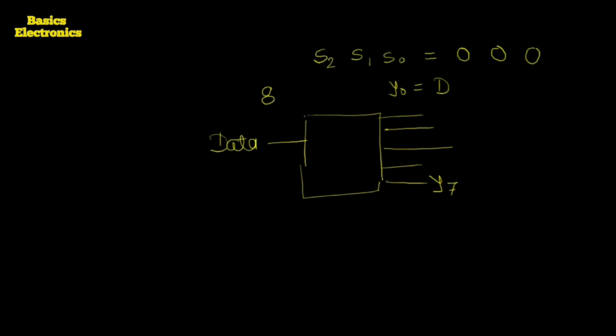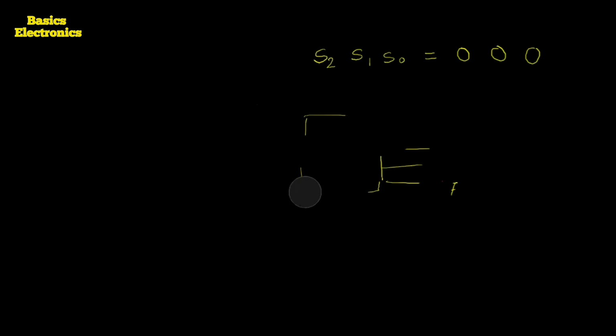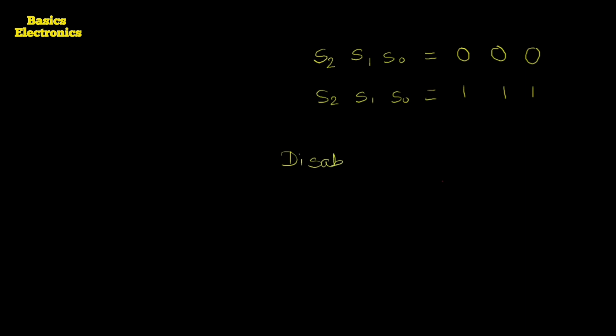Then you can use the second input condition, and that may be the last condition. S2, S1 and S0 equal to 1, 1, 1, or you can use the other condition. So we can write down for this condition, when select input code S2, S1 and S0 equals 1, 1, 1, then only the last AND gate is in enable condition and all remaining AND gates are in disable condition.